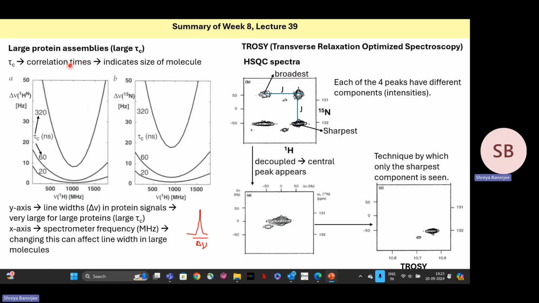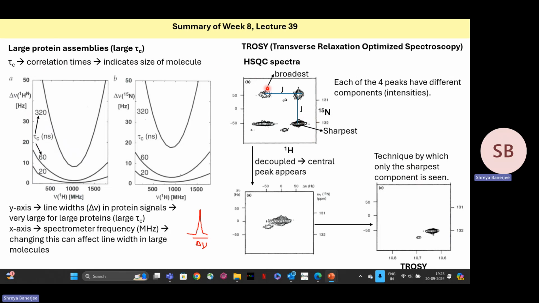Basically, in large protein assemblies, correlation time is large, and if the correlation time is large, as shown here for 320 nanoseconds, then you have line widths which are so large. So in that case, a modified HSQC experiment needs to be done.